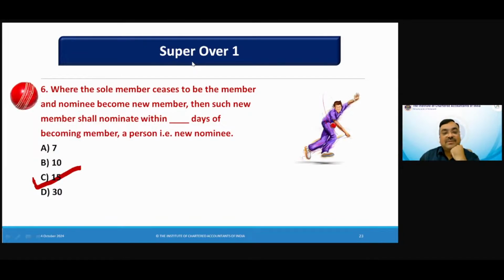Mr. Shoaib, congratulations, all your answers are correct. Pratima, congratulations. Swati, congratulations, and one more, Pooja.